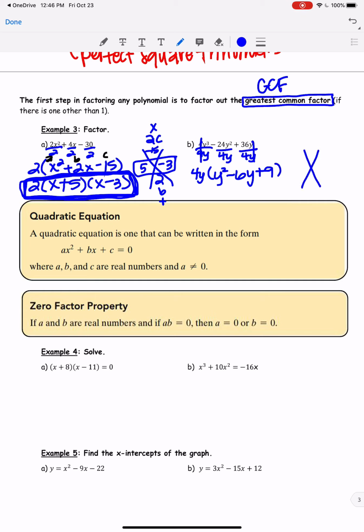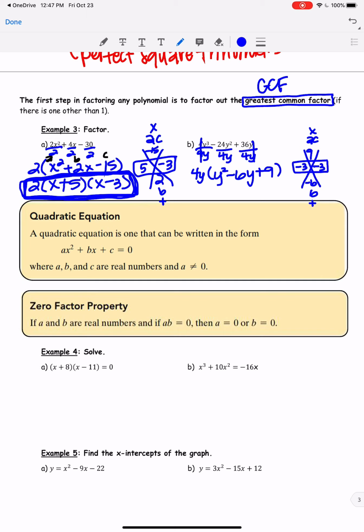So now into my x, we've got our A times C is 1 times 9, not the original. My B term is negative 6. So what adds up to B and multiplies to AC? And that is negative 3 and negative 3.